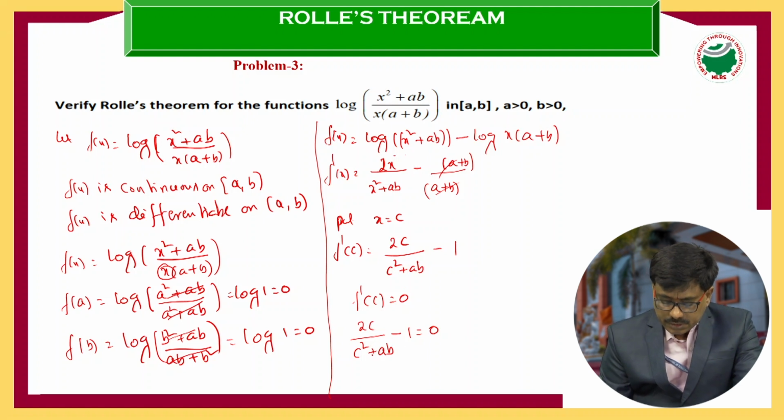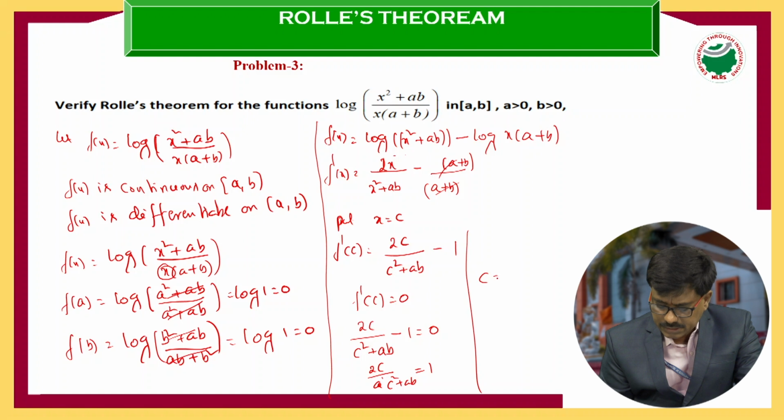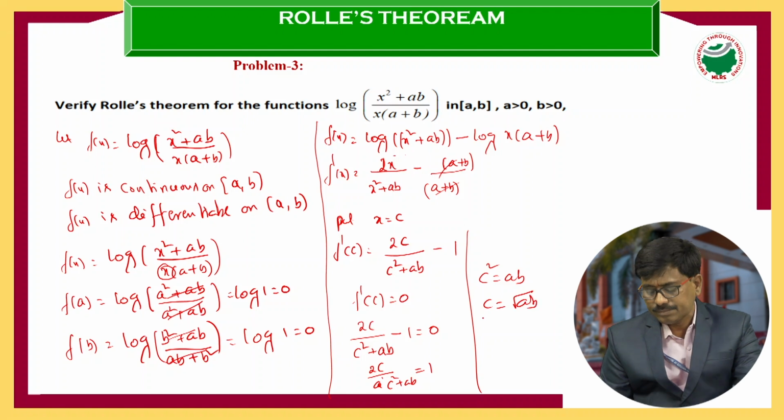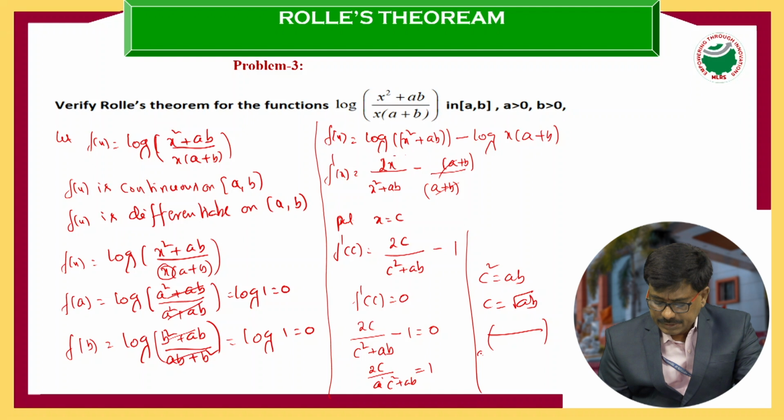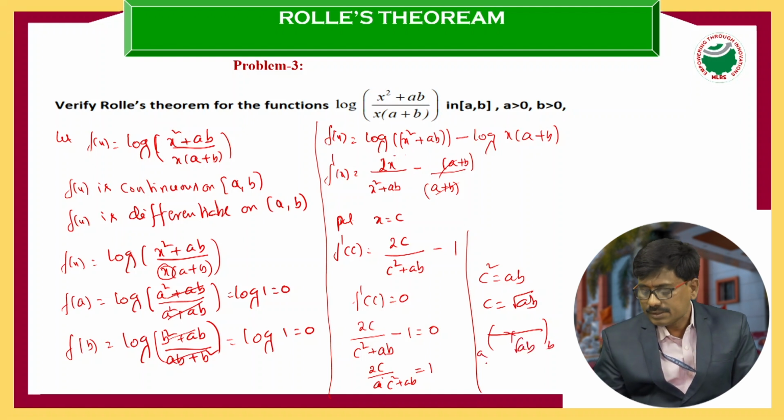Therefore, 2c divided by c square plus ab equal to 1. What happens? C square is equal to ab, c equal to root ab. Therefore, the c value always lies between a and b. Okay, this is the example 3 problem.